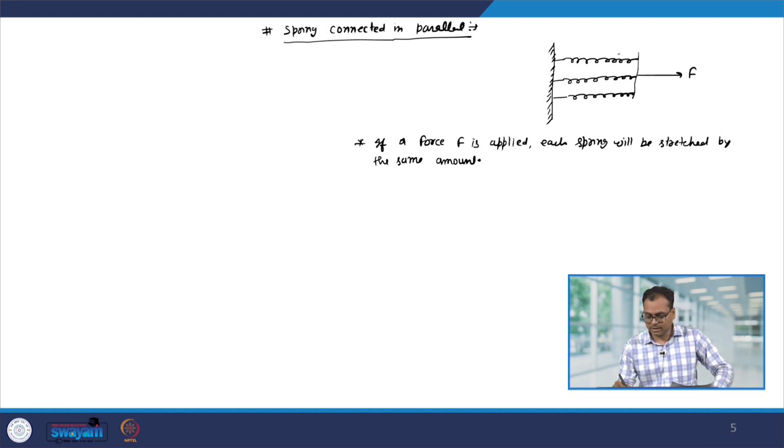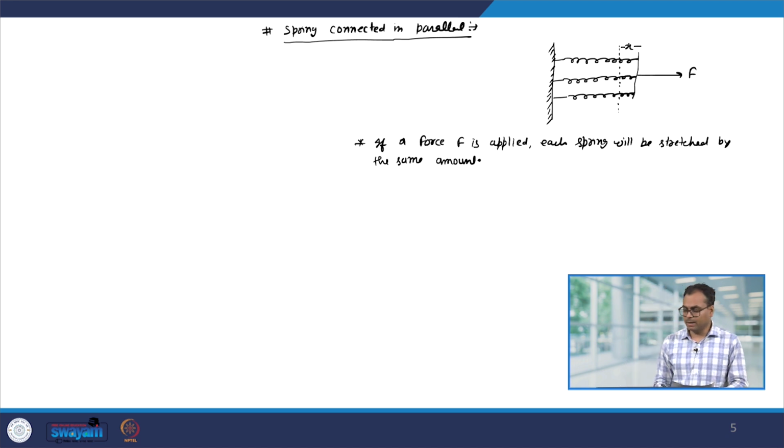Okay. And let us say that amount is x. So, because of this force F, the springs get extended by x.